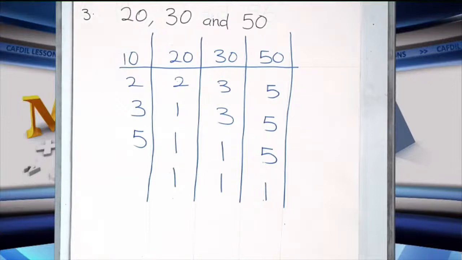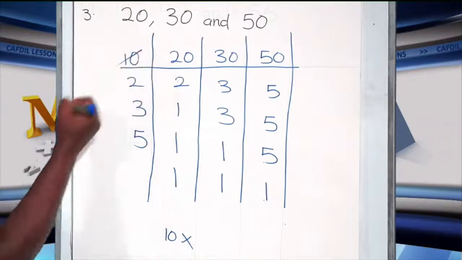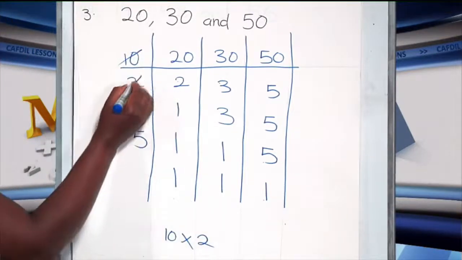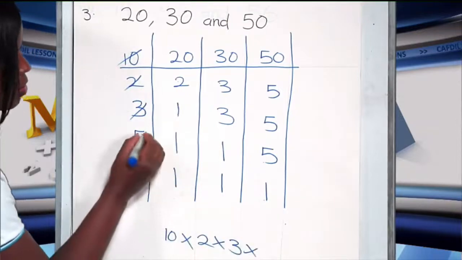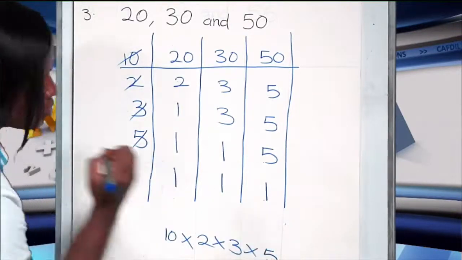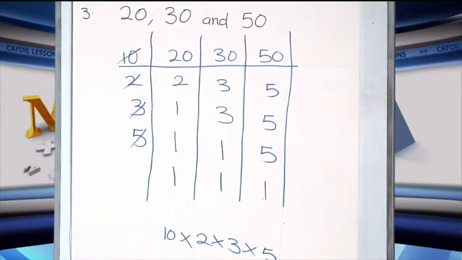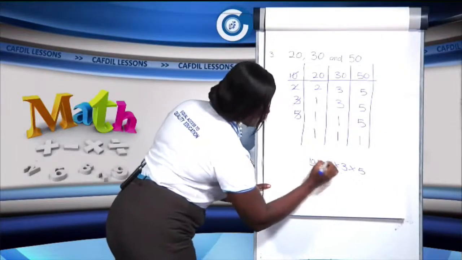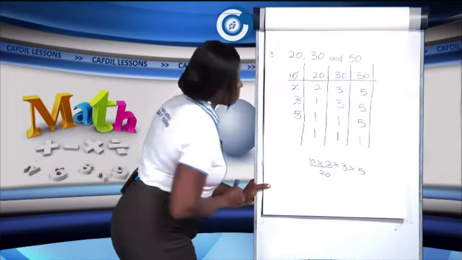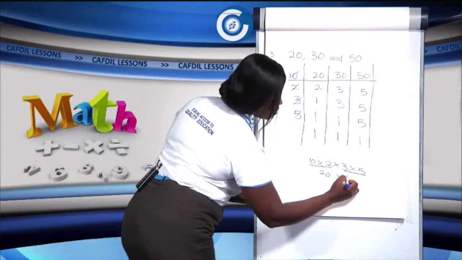So learners, let's start multiplying. We have 10 times 2 times 3 times 5. We want to multiply all these numbers. 10 times 2 will give us 20. And then 3 times 5 will give us 15.